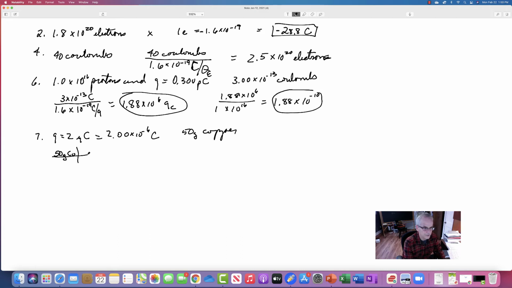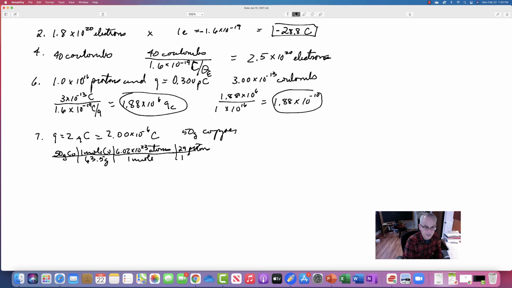And hopefully you remember that 1 mole of copper is 63.45 grams, and you have 6.02 times 10 to the 23rd atoms per mole, and then the atomic number of copper is 29, and so you would multiply that by 29 because every atom has 29 protons.